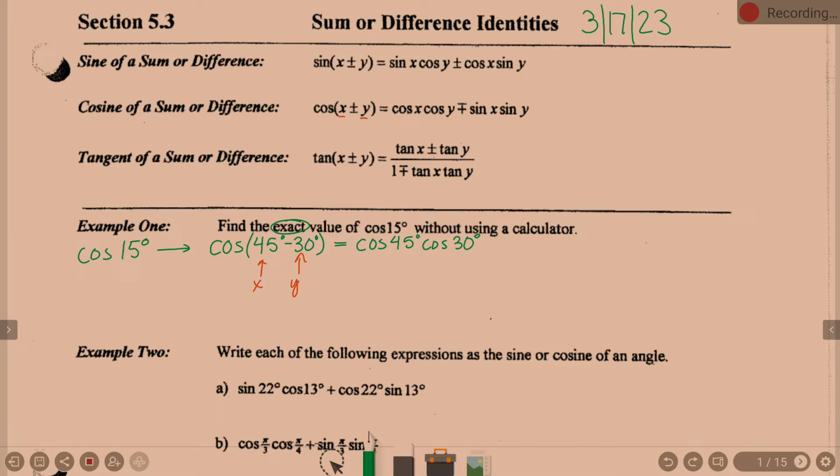30 degrees. Now, since this was cosine and my initial sign is a minus, now my middle sign is going to be a plus, because cosine, the identity tells me to switch the sign. And so it's going to be plus sine x sine y. So sine of 45 degrees times sine of 30 degrees.